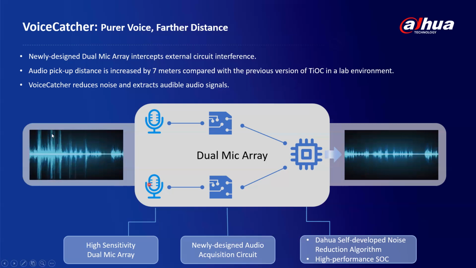You can take a look at this: the audio captured from the external sources, then the audio that has been filtered of those external interferences. This gives you finer audible signals.